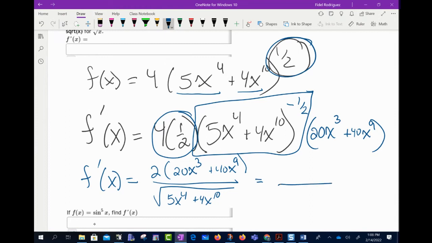And so the only thing I'm going to do, y'all, is I'm going to multiply the top part by the 2 all the way through. So that should give me something like a 40x cubed plus an 80x to the 9th. And now we're done. Good, very good.